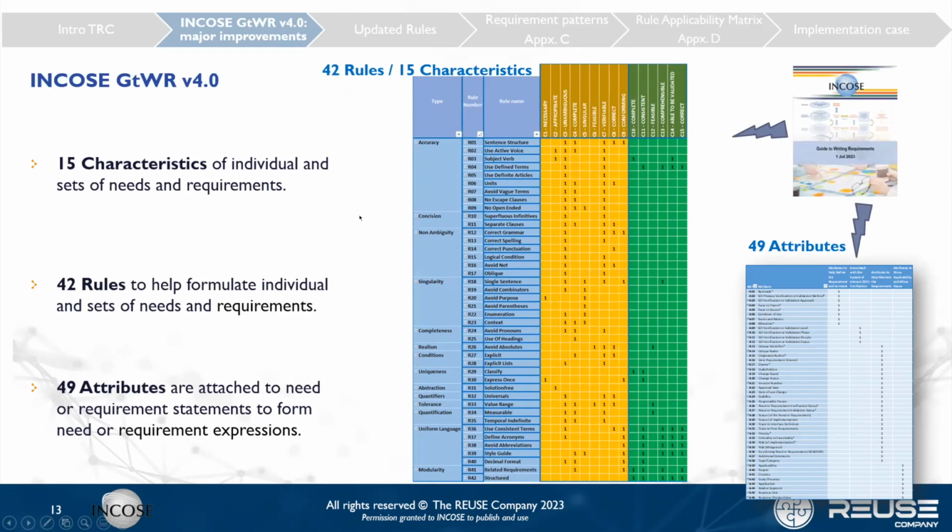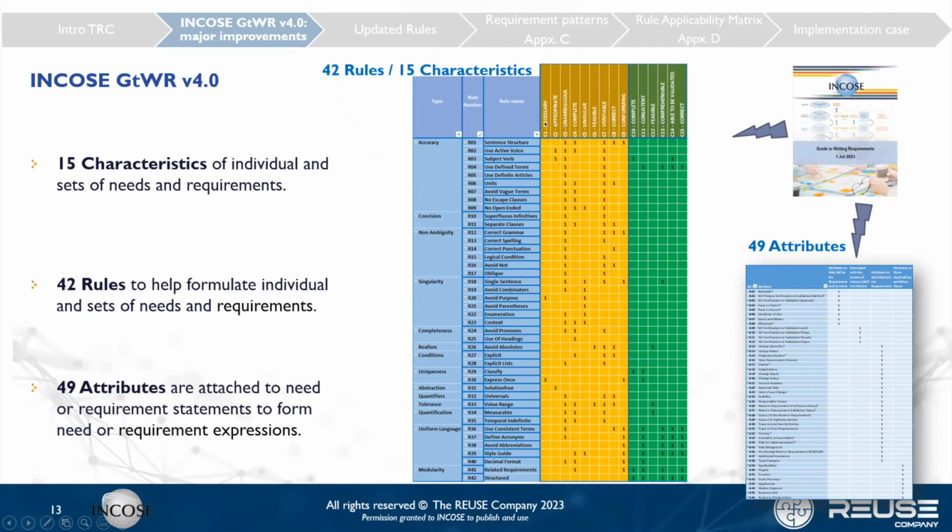And we'll see later in the presentation that there's often a debate about how extended the application of the guide should be. So we'll see later what's the approach we have about applying these rules. But here, just to sum up what happens in version 4. There has been one added characteristic, which is the correctness of sets of needs and requirements.